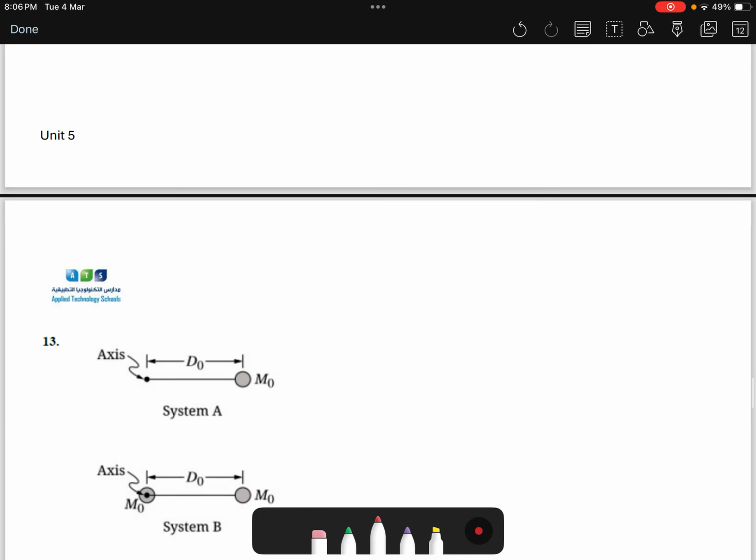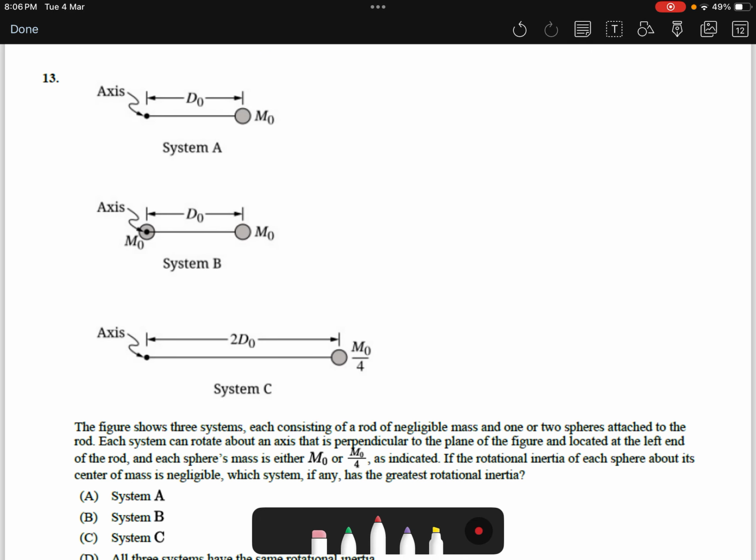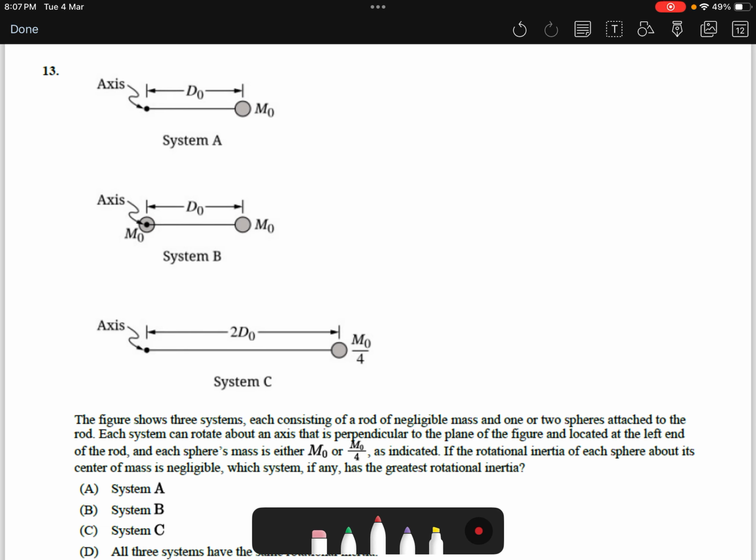Question 17, the same topic. Please read. Also here, they are asking us to find the greatest rotational inertia. If you look at them and try to find it for each one, for the first one, I equals m0 d0 squared.